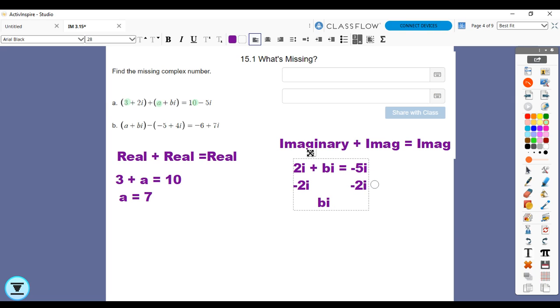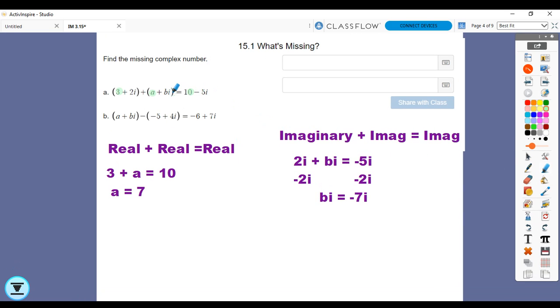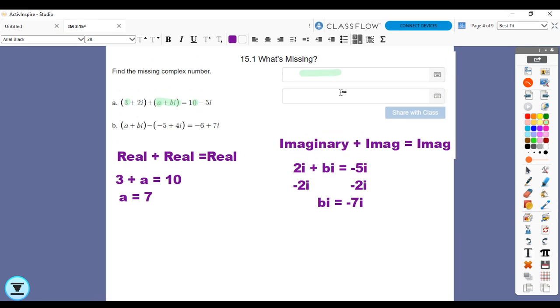So bi equals negative 7i. So for this first one here, this a plus bi is what I'm going to put up here. The real number a is 7 minus 7i.